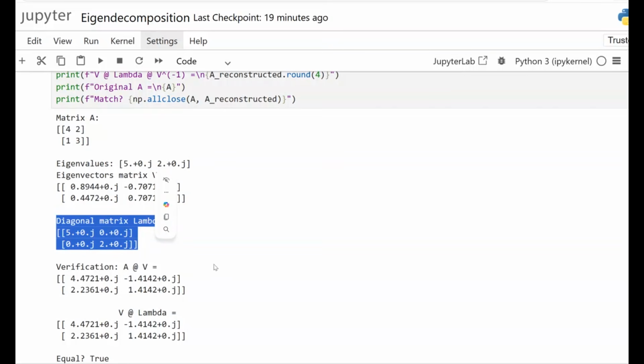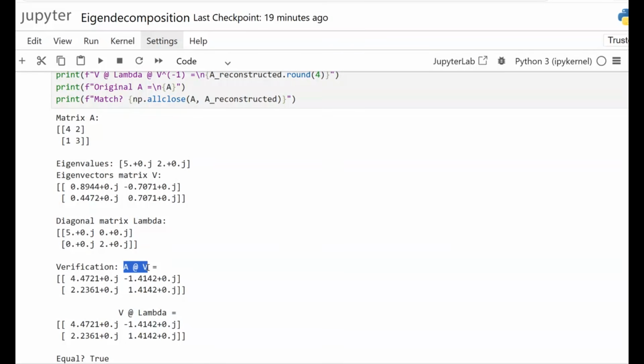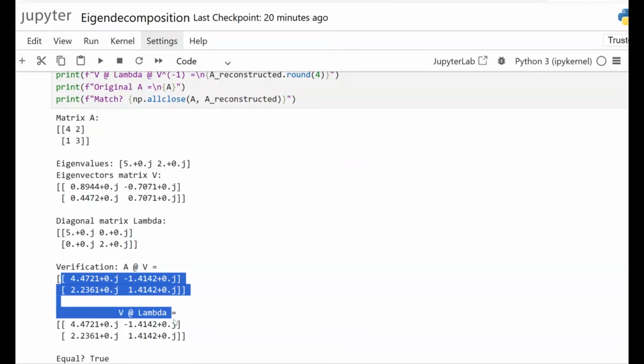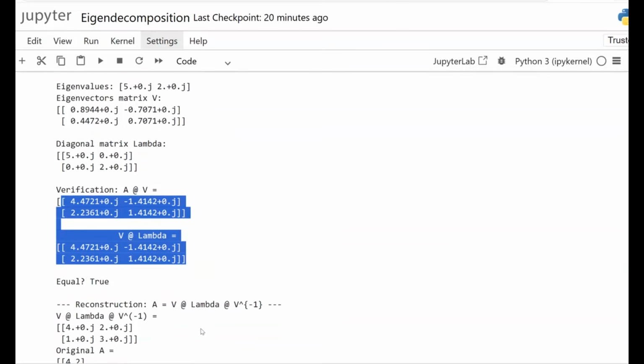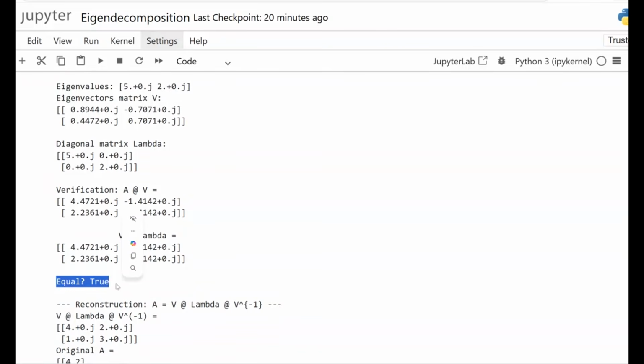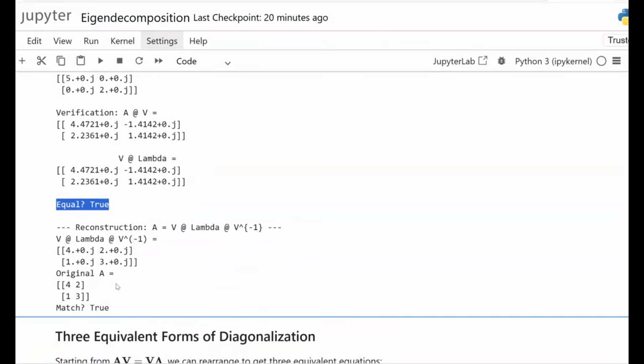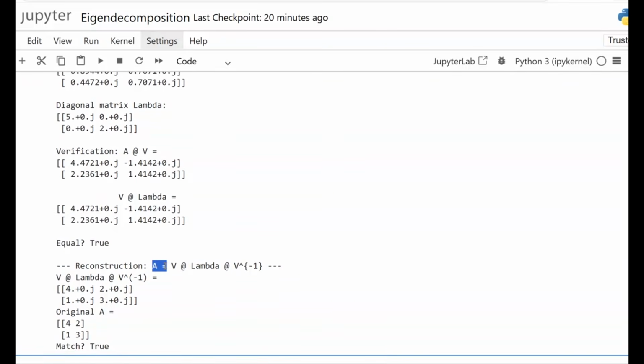On verifying, kindly observe the result of A multiplied by V equals V multiplied by lambda. So both are equal, yes, of course it is true. And even on reconstruction, kindly observe, dear friends, A equals V multiplied by lambda multiplied by V inverse.